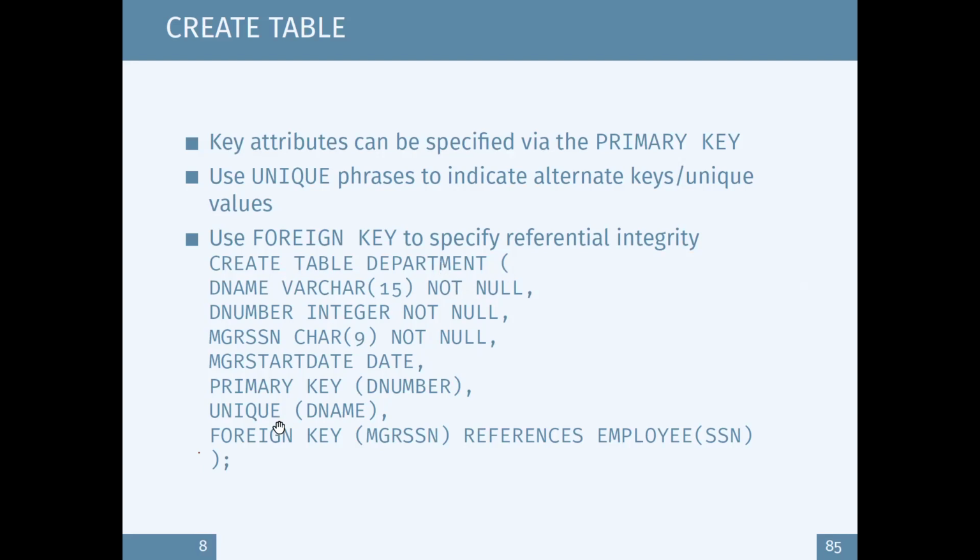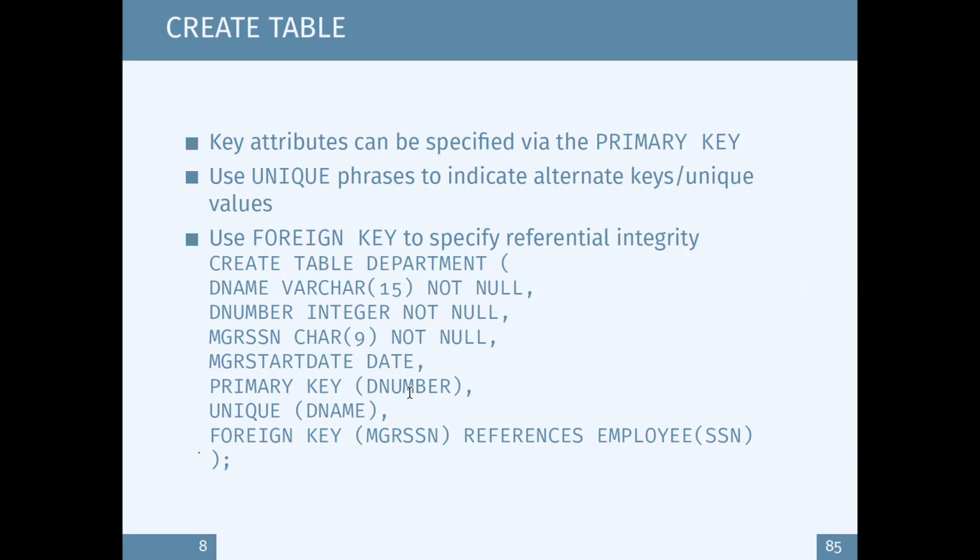Now this time we have included the primary key statement here. These are the 4 attributes we have: department name, department number, manager social security number, manager start date. So we are describing all the attributes, that means the columns. This primary key clause specifies what the primary key attribute is.